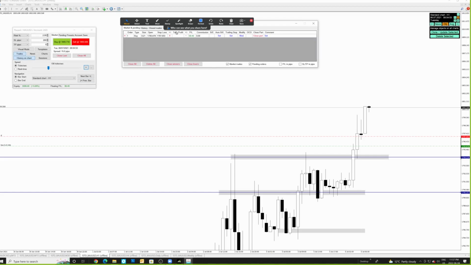Even though this candle has no top wick or no bottom wick, our stops are still in profits and the trade is still open. Whenever a candle has no top wick, there's a 50-50 chance that price will continue pushing up. So our stop is in profit. We're trailing the stops below the lows of the 1 hour candles, and we're anticipating it to continue pushing up.